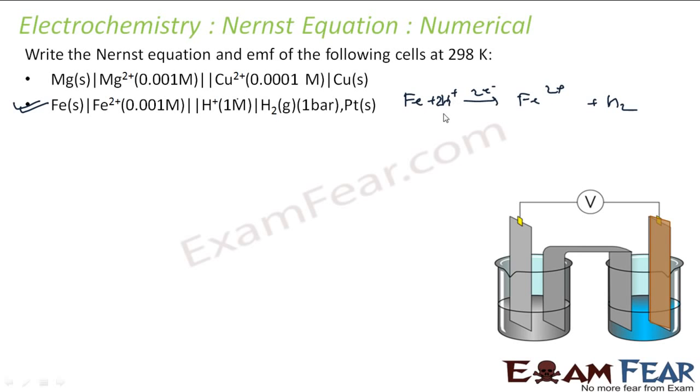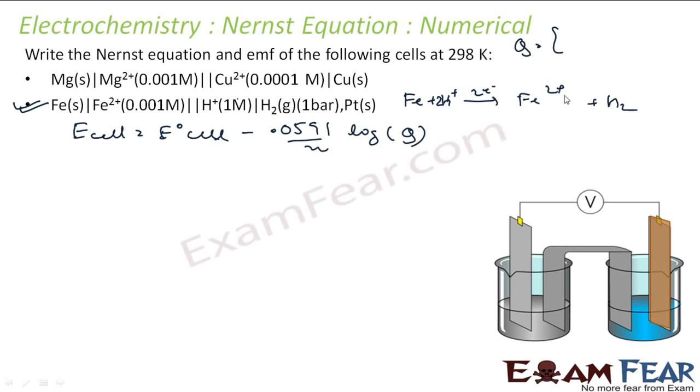I know that E cell is nothing but E naught cell minus 0.0591 by n log of Q. So let's see the Q value here. Q is nothing but concentration of Fe2 plus by concentration of H2, which is almost 1, divided by concentration of Fe, which is almost 1 because it's solid, by concentration of H plus to the power 2, because there are 2 H plus here.